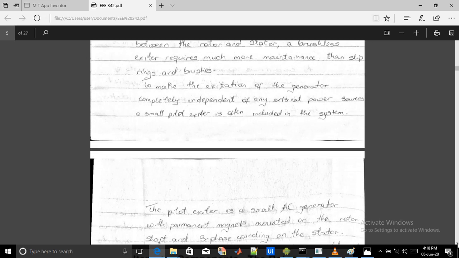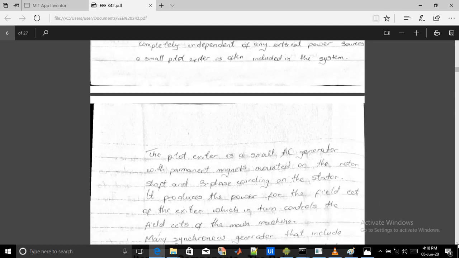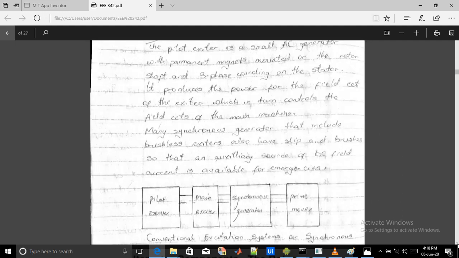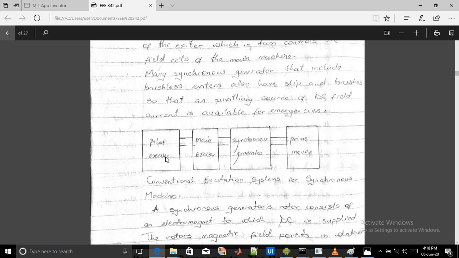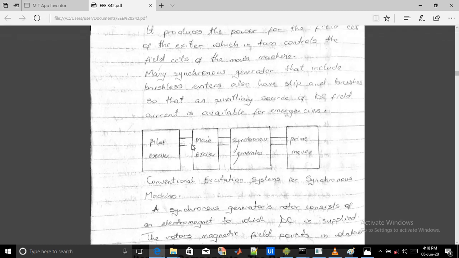There's another way to make the excitation of the generator completely independent of an external power source. A small pilot exciter is often included. According to what I read, we have a main exciter and a pilot exciter. Let me use this block diagram to explain. The pilot exciter is the one that receives the AC, then transmits it to the main exciter.